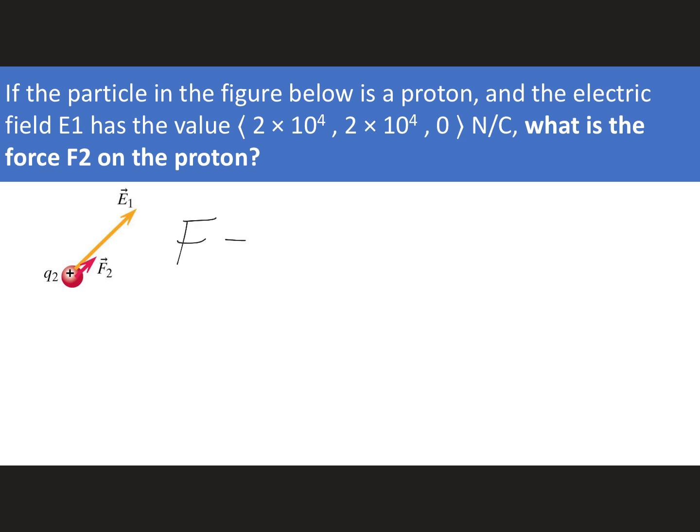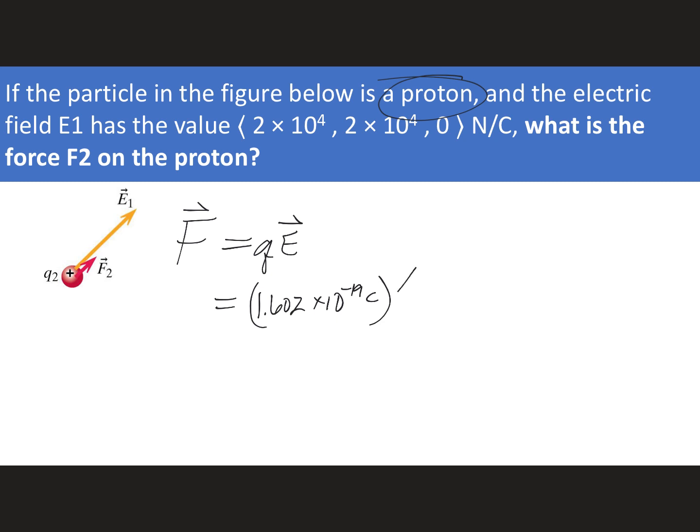But the equation, again, F equals QE, and we're dealing with vectors, and so we need to pay attention to that. And so we're going to have a positive 1.602 times 10 to the minus 19 coulombs. That's the proton going there.